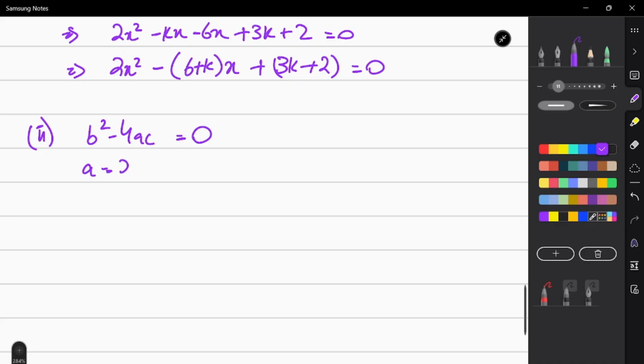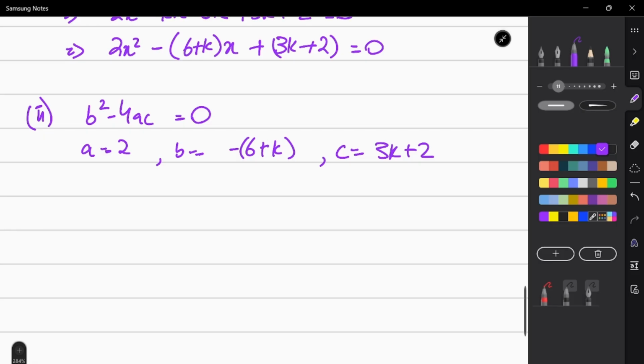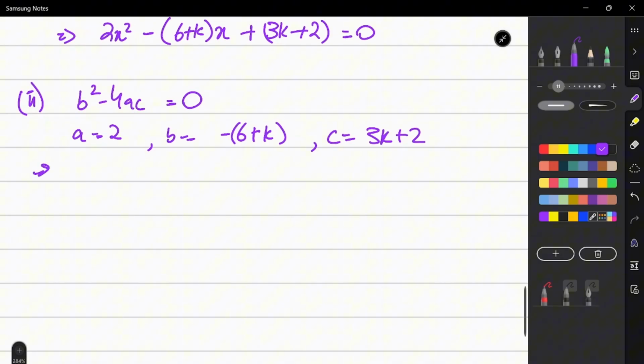So here we have a is equal to 2, b is equal to minus 6 plus k, and c is equal to 3k plus 2. Substitute these values to find the values of k. Minus 6 plus k, minus 6 minus k squared minus 4, 3k plus 2.